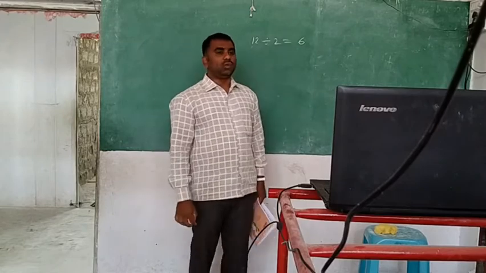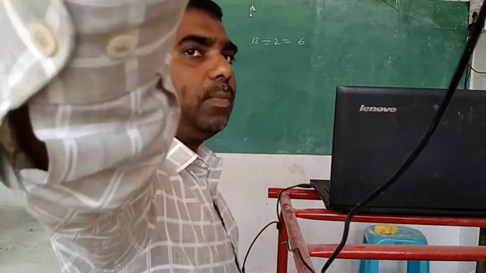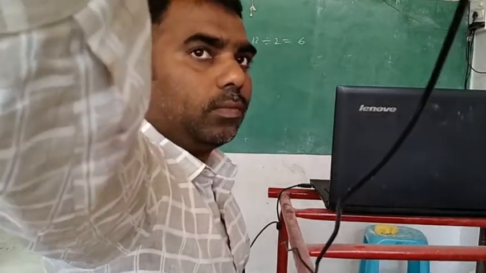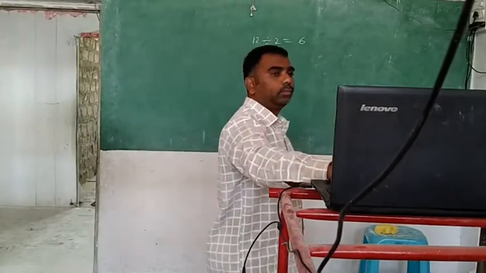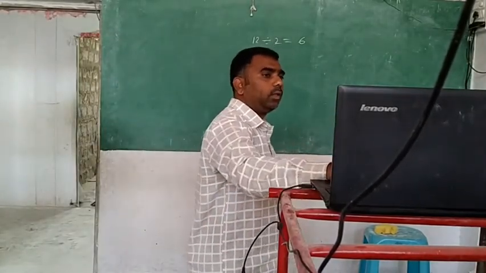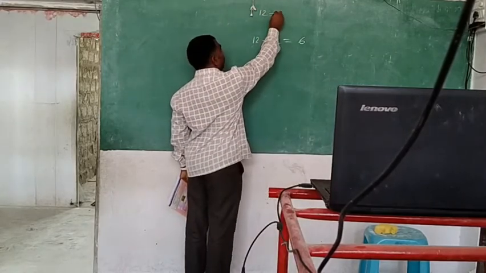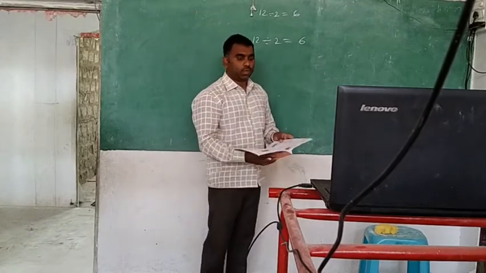If you divide the 12 balls in 2 groups, you will get 6 balls in each group.